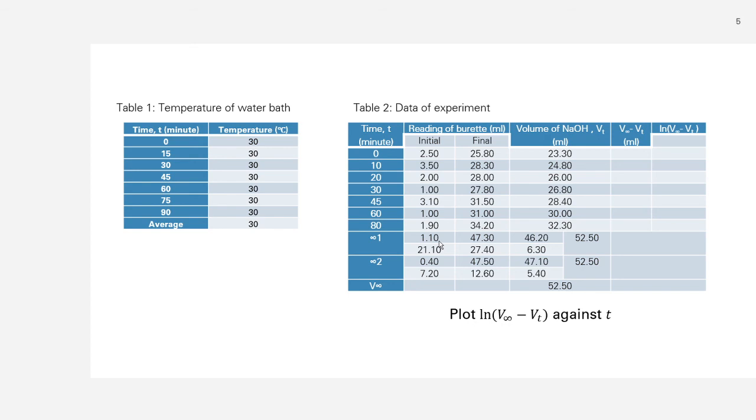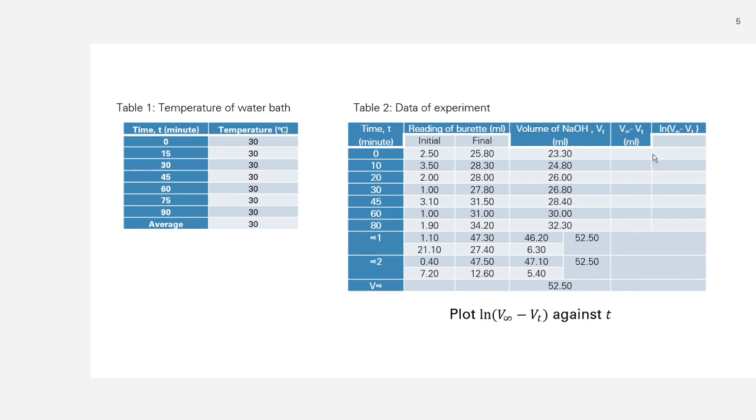I think up to the end of the titration they had to refill the burette so that they get to the endpoint. But the total value of V infinity happens to be the same, and the V infinity that they get is 52.50.